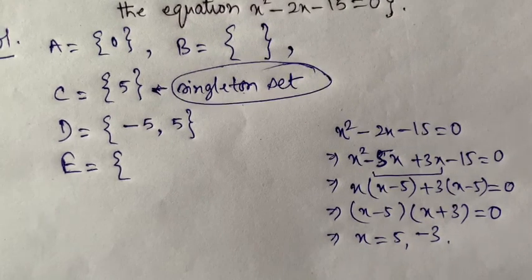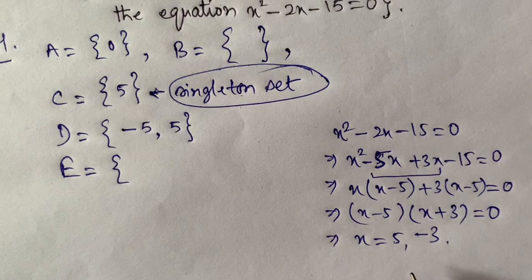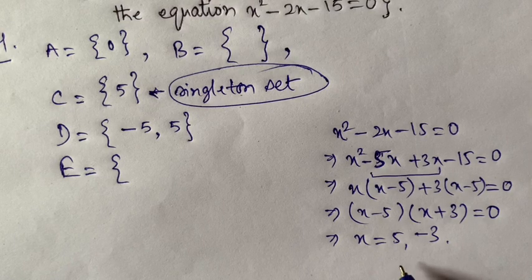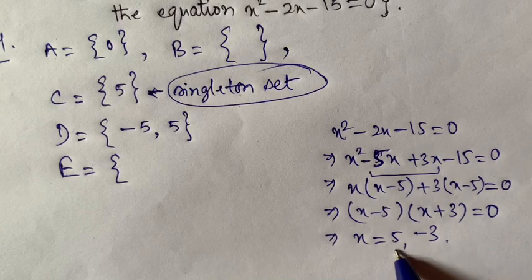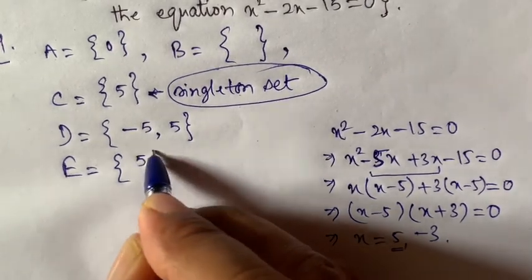So we have obtained two numbers here, and since we need to consider an integral positive root, that means whatever the solution will be, it should be positive and integer. So 5 qualifies, only 5 qualifies for that.